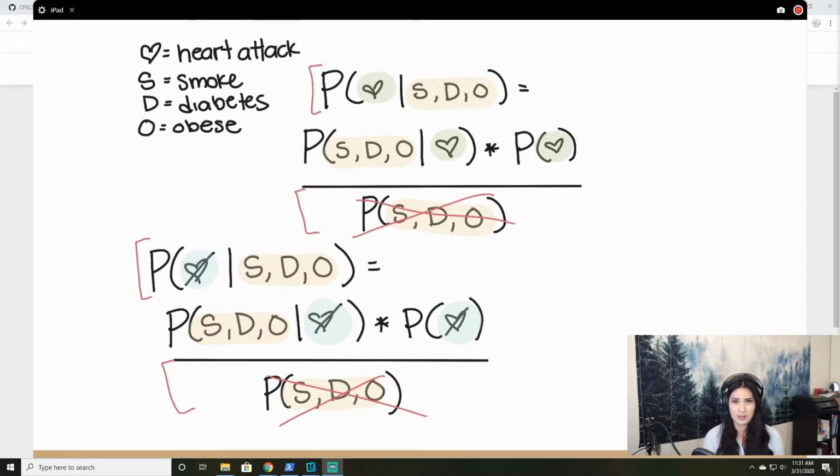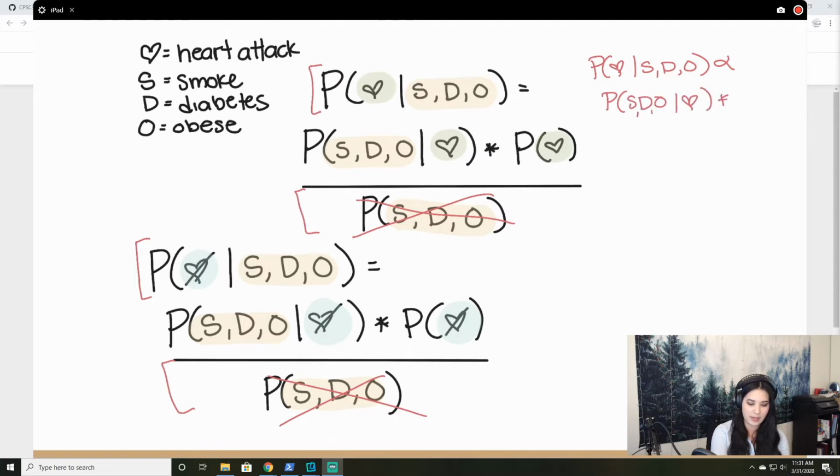So just to give you the official terms for what we use, we're going to say that the probability of our category given our data is proportional to the probability of the data given the category times the probability of the category.